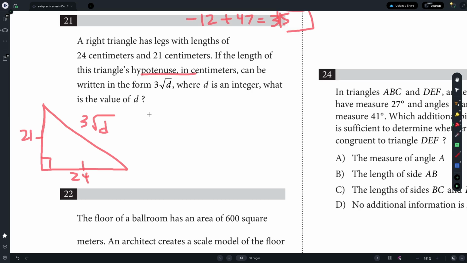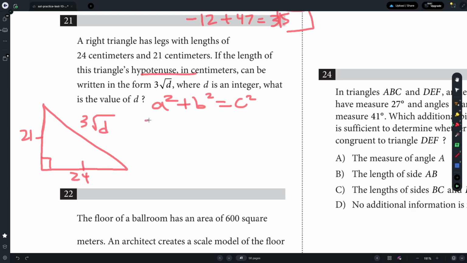Now, how do we create an equation that solves for d? We can simply use the Pythagorean theorem. The Pythagorean theorem states that a squared plus b squared is c squared, where a and b are the legs of the triangle, and c is the hypotenuse.